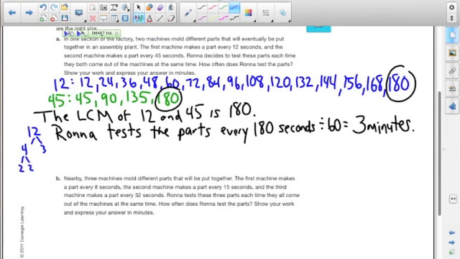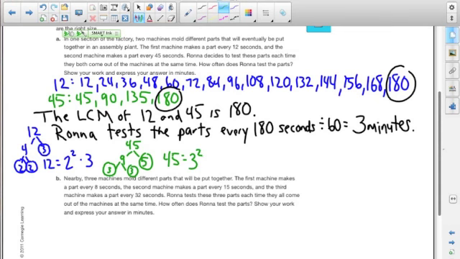First, I do a factor tree for 12, and I find the prime factorization for 12 is 2 to the second power times 3. Then I'm going to do a factor tree for 45, and that is going to be 3 times 3 times 5, or 3 to the second power times 5. Then, for the least common multiple, I write down all of the bases, or the big numbers.